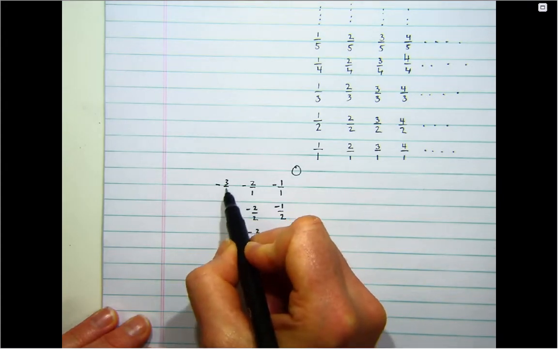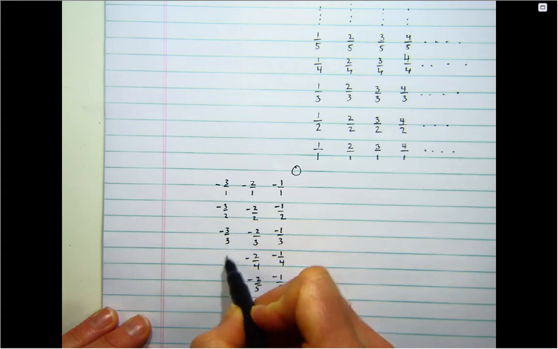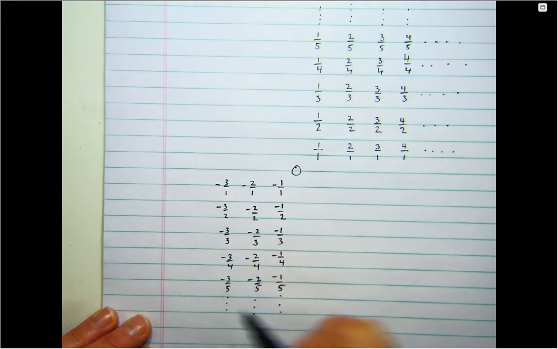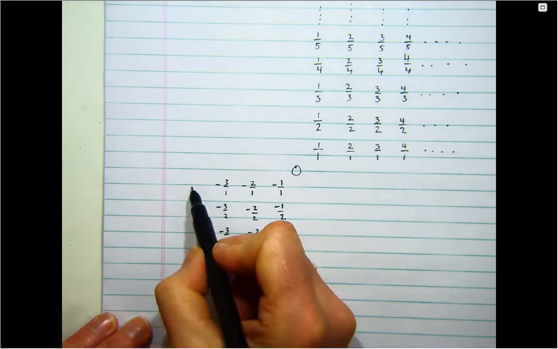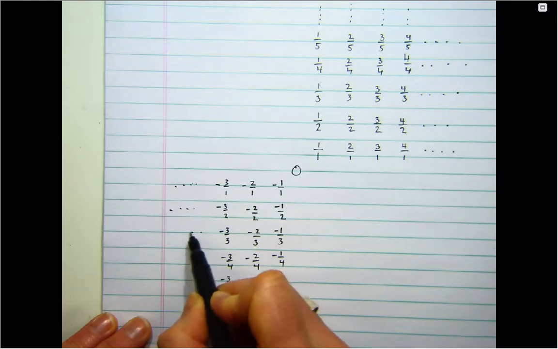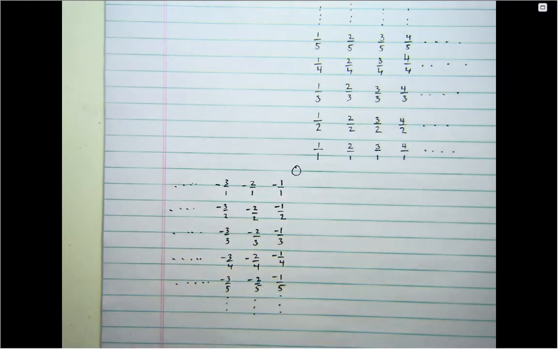Negative 3 over 1, negative 3 over 2, negative 3 over 3, negative 3 over 4, negative 3 over 5, dot, dot, dot. I think you're getting the idea now, so I'm going to put dot, dot, dots to the left. And we have every single fraction there is listed on our page here.